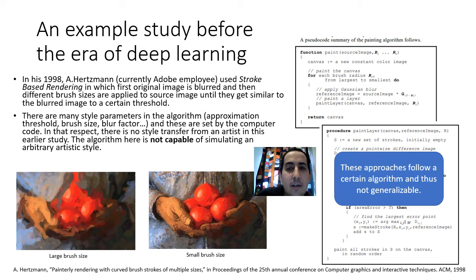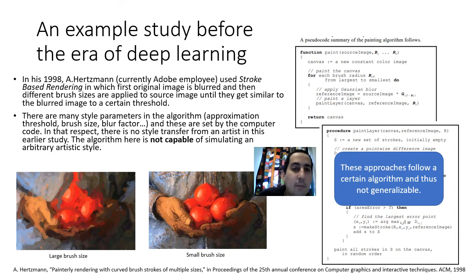In this study, first original image is blurred and presented as a target image to the algorithm. The algorithm tries to make the current image, which is probably a blank image at the beginning, get closer to the target by placing different brush sizes.